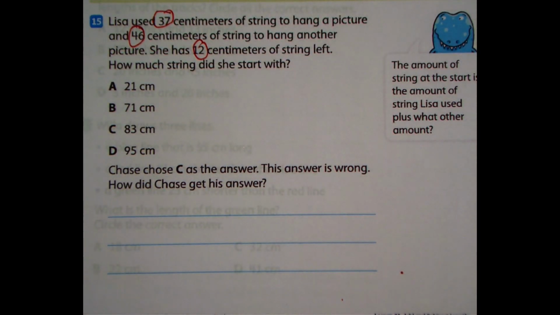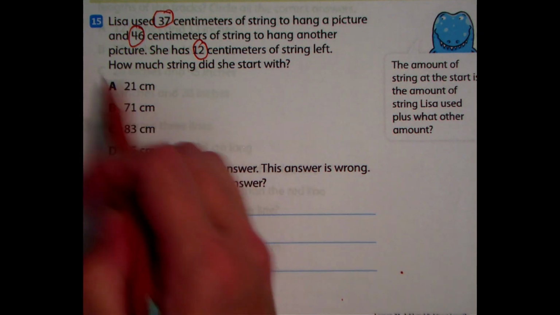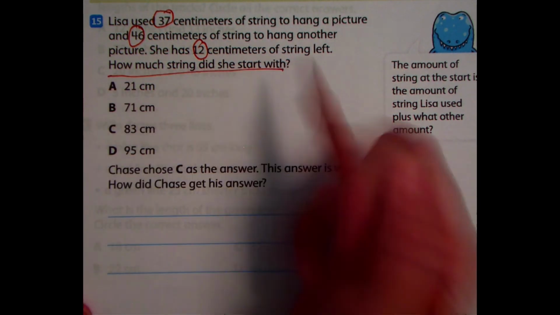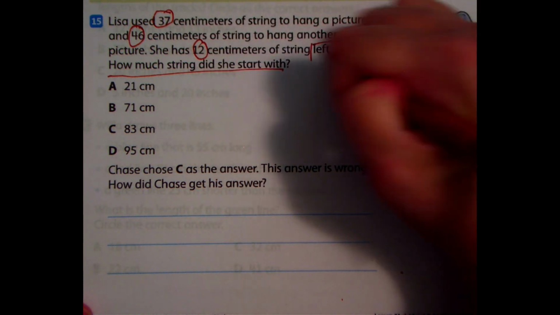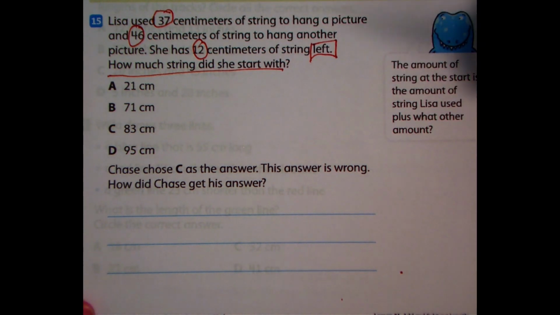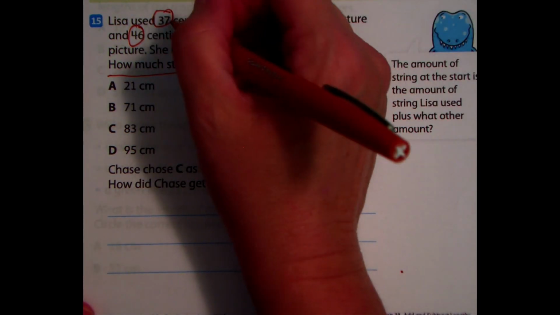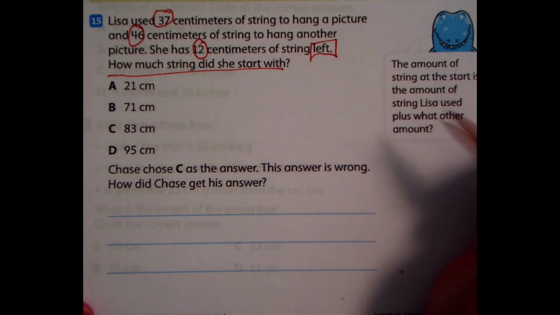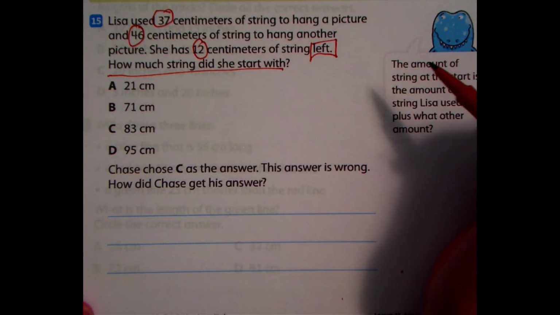Now, it's not asking me to add all these numbers up. Just because I see all these numbers, I'm like, oh, yes, I got to add. No. Okay, I want to know how much string she had to start with. Okay, she has 12 centimeters left. So, what that means is she used 37 plus 46 and had 12 left.